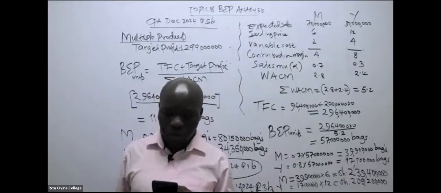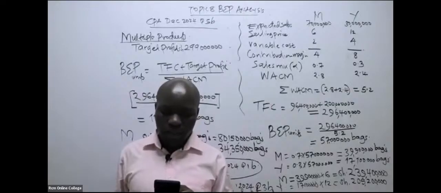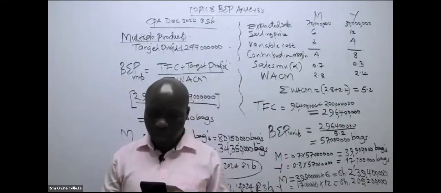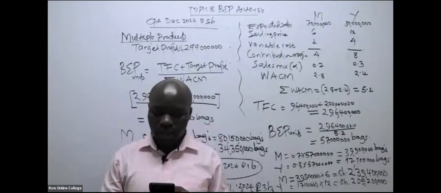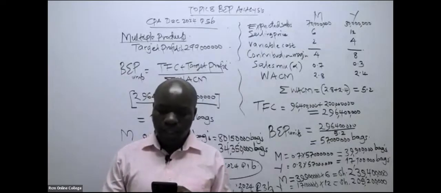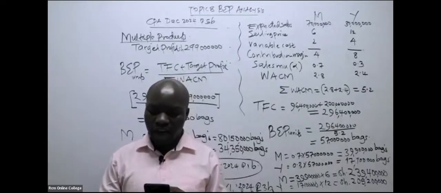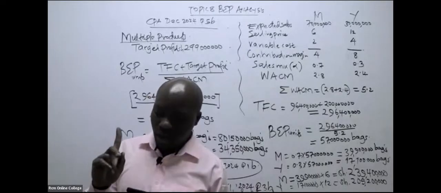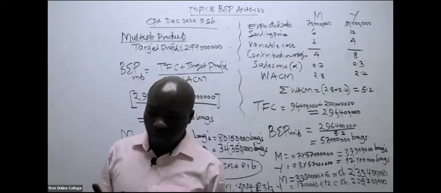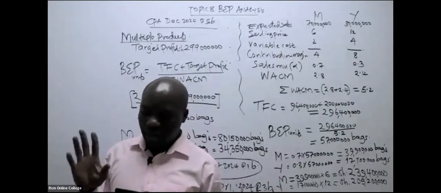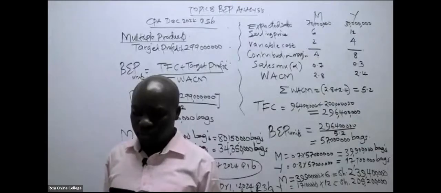Selling price per unit, cost per unit is given there, direct material per unit, direct labor cost per unit. Under skilled, it is 80 shillings per hour, and the company spent 80 shillings to produce a unit of alpha. So alpha requires 1 hour for the skilled, beta requires 2 hours, zeta requires 3 hours, right?